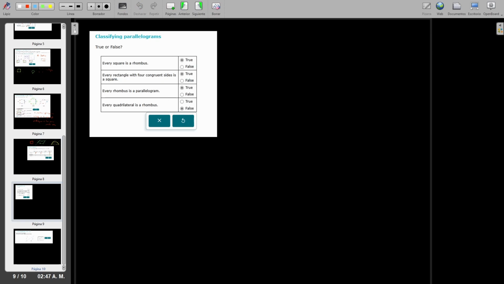Now classifying parallelograms. Remember, the big one is a quadrilateral. A quadrilateral can be a parallelogram, meaning two pairs of sides, or a trapezoid.